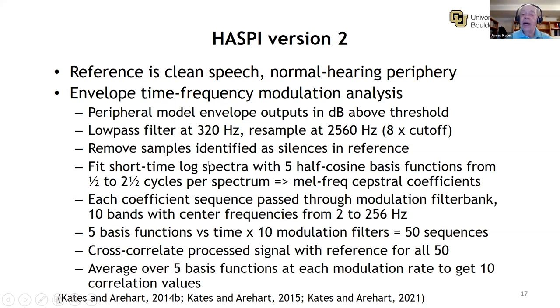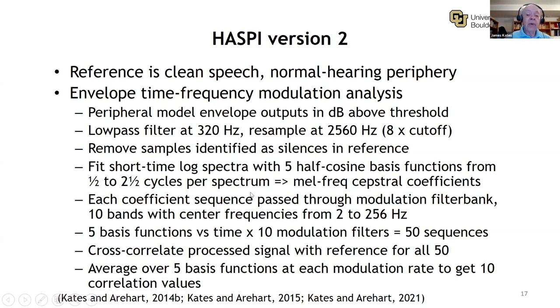Those of you who might have done some work in speech processing, speech recognition, will recognize this as Mel frequency cepstral coefficients, because we're starting with the log spectrum in dB on an auditory frequency scale. And I'll show you a picture in the next slide as to what these functions look like. Each coefficient sequence, then we have 5 of these, is passed through a modulation filter bank.